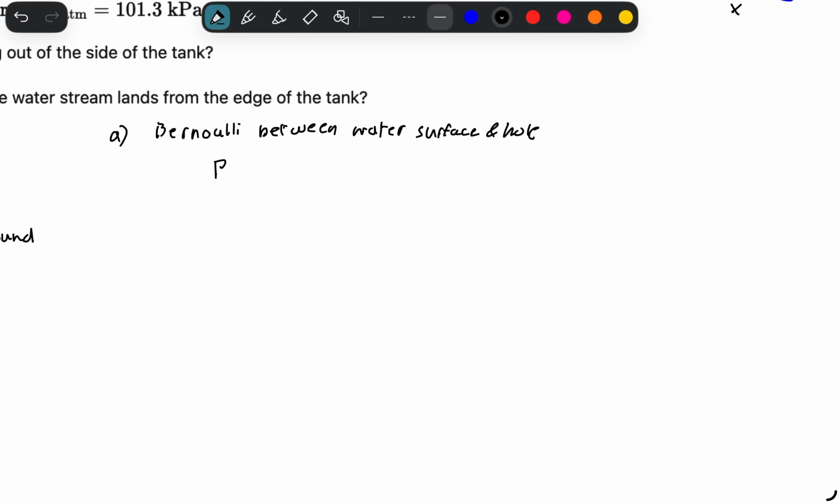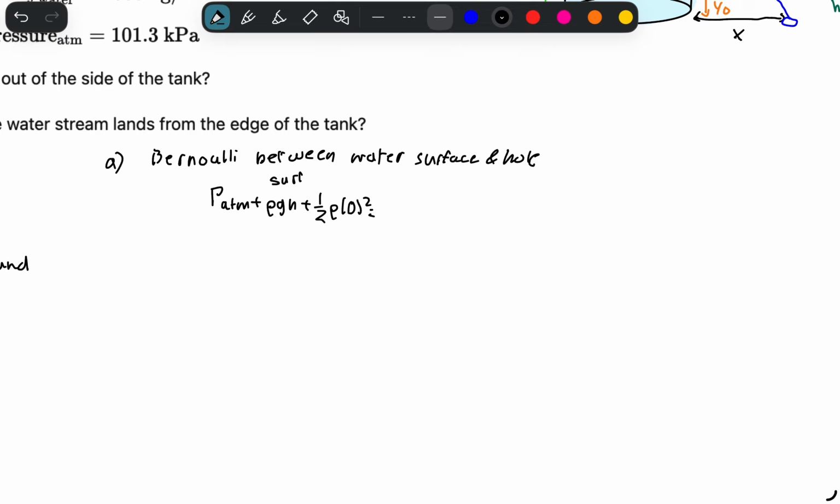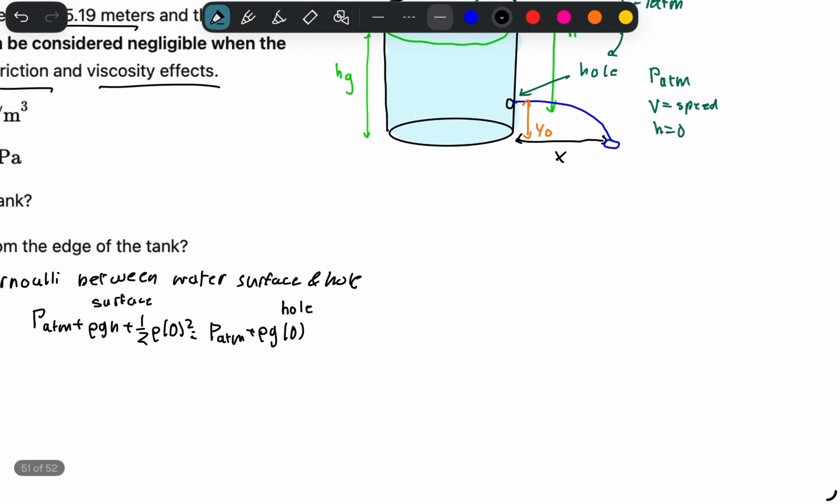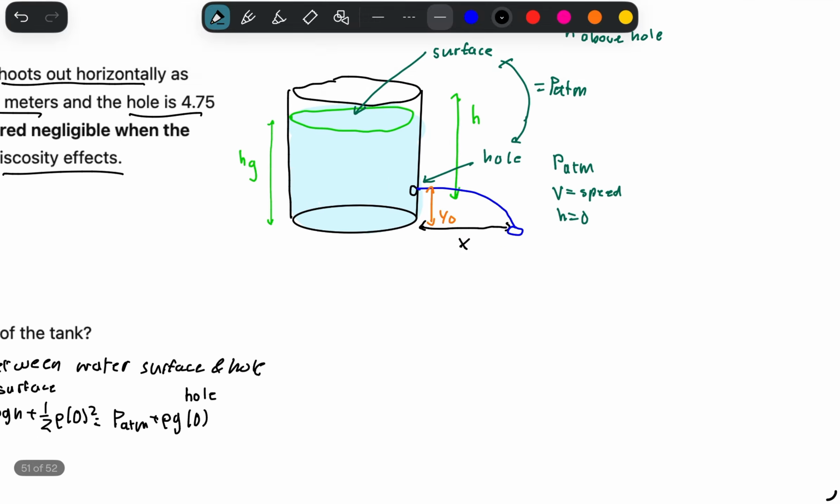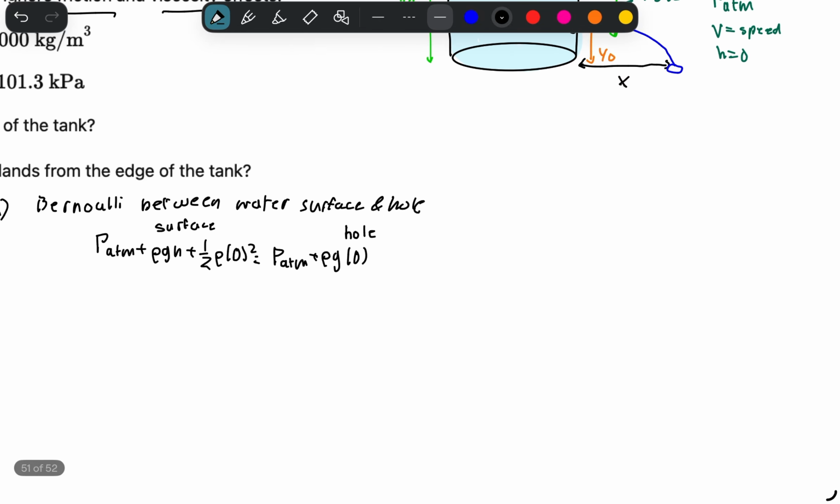So we can write Bernoulli's full equation using all these. We have P atm plus rho g h plus 1/2 rho v naught squared. This was our surface. And then we have atmospheric pressure plus rho g times 0, because this is when we're at the hole, where we define h as equal to 0, and then we add 1/2 rho v squared.